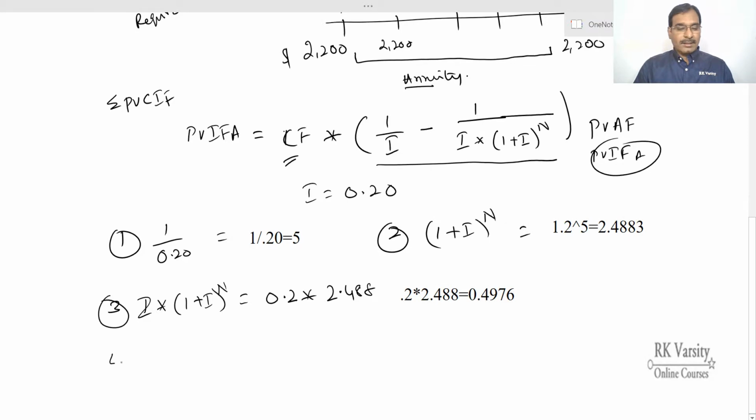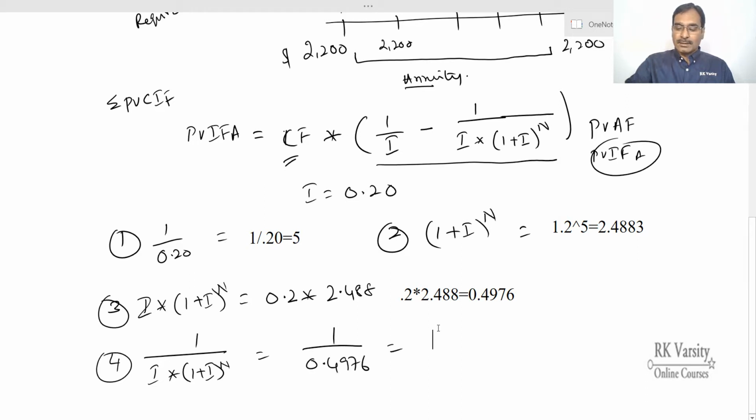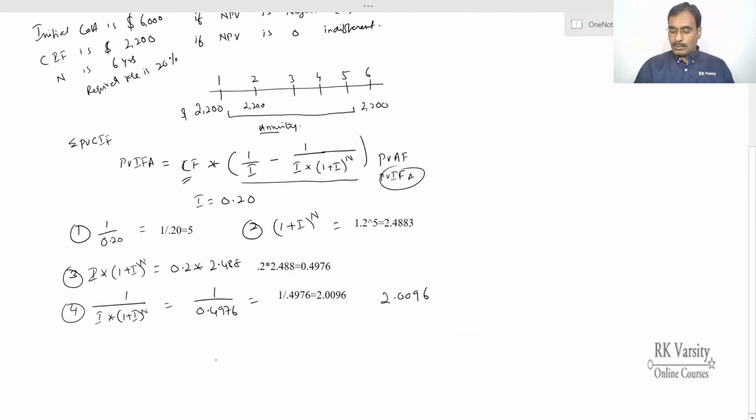Then in the fourth step, we calculate 1 upon I times (1 plus I) to the power of n, so this equals 1 upon 0.4976, which is 2.0096.